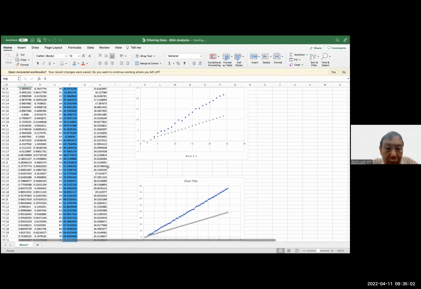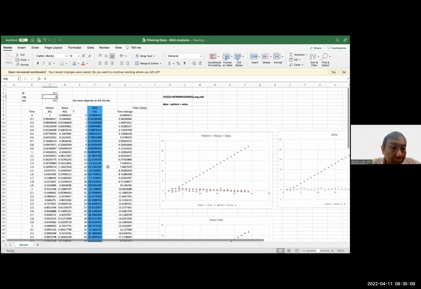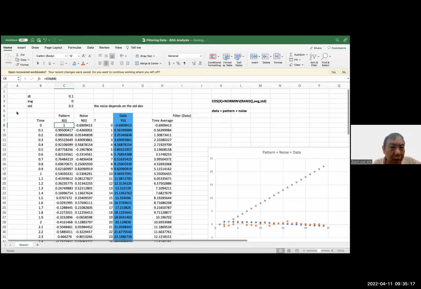Oh, that's strange. Why did you not have a cosine? What is your pattern? Cosine of p, that is correct. Is that copy down? Okay.